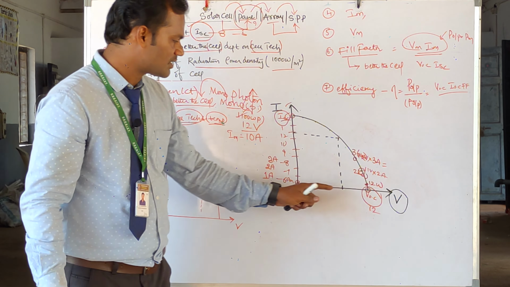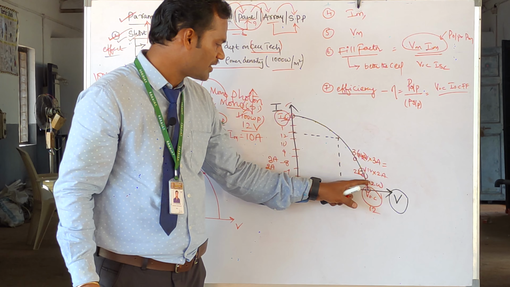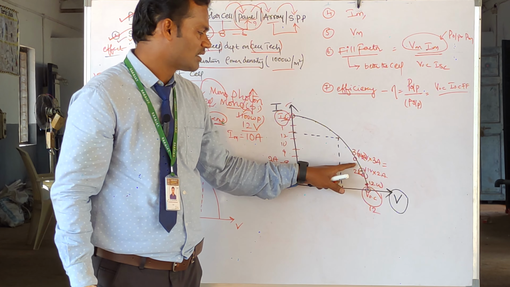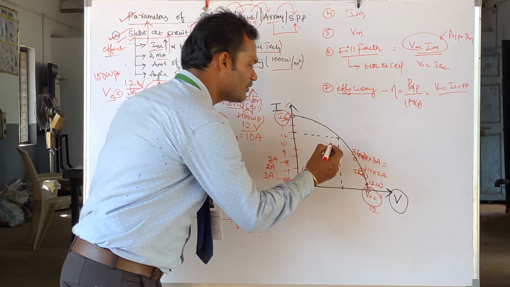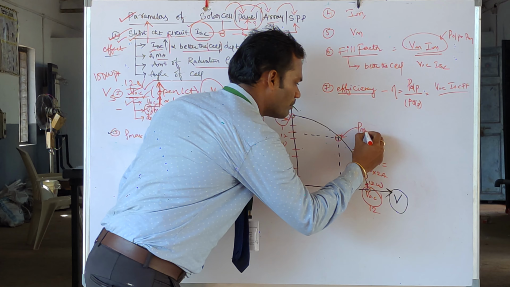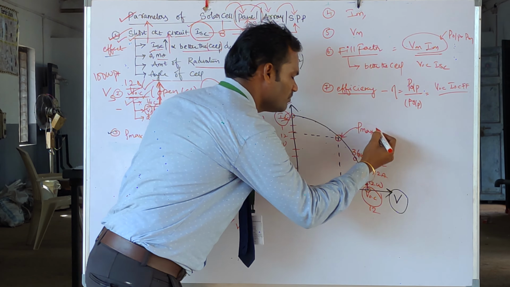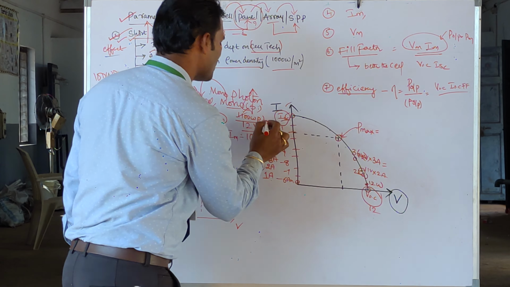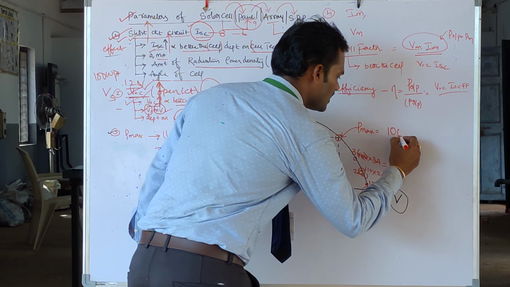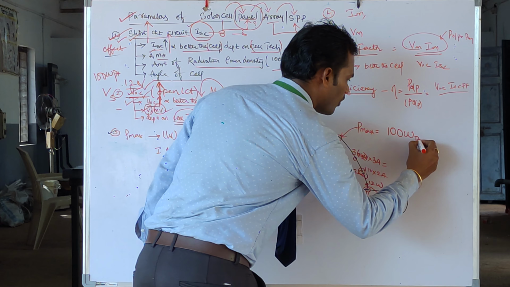Like that, you see here, in the morning it is 12 watts, at 7 a.m. it is 22 watts, at 8 a.m. it is 36 watts. Slowly it will vary, and it will come to one point called P maximum, and this P maximum generally will be equal to the rating of the panel. What is the rating of the panel? 100 watt peak.